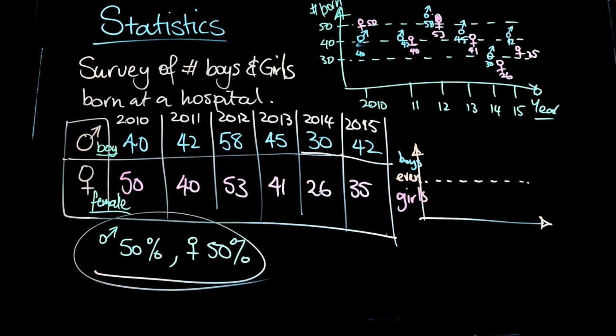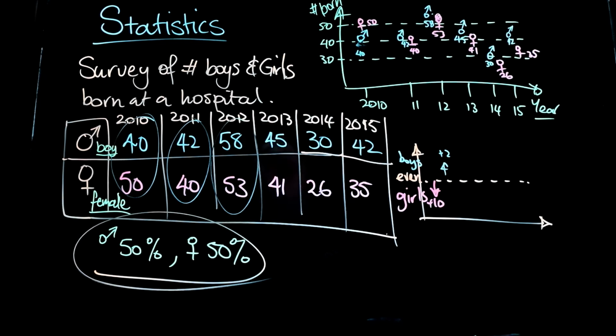And so when I look at the first column here, I see that there's 10 more girls. So I'm just going to put an arrow there and put plus 10. Then on the next one, I've got plus 2 boys. The next one, I'm at plus 5 for the boys. And let's have a look here. Plus 4.